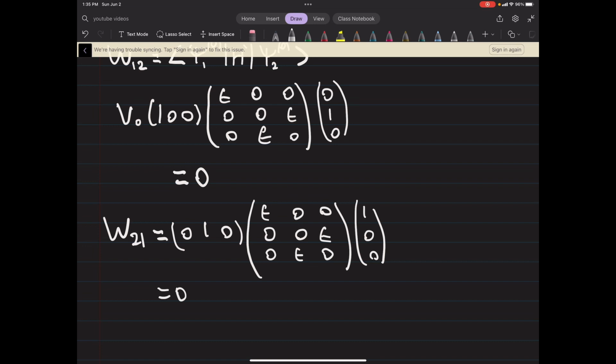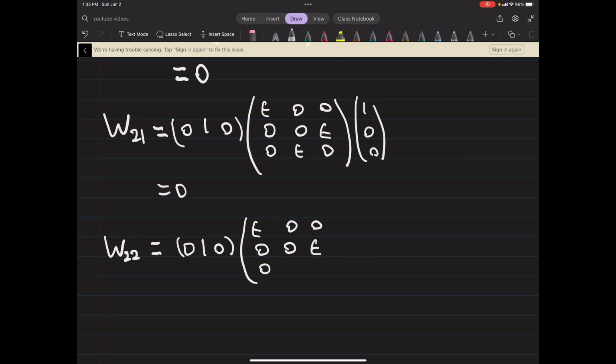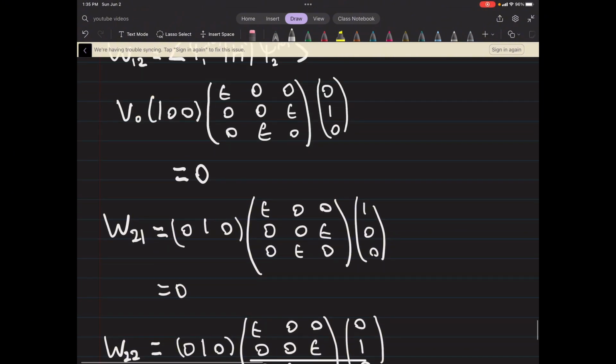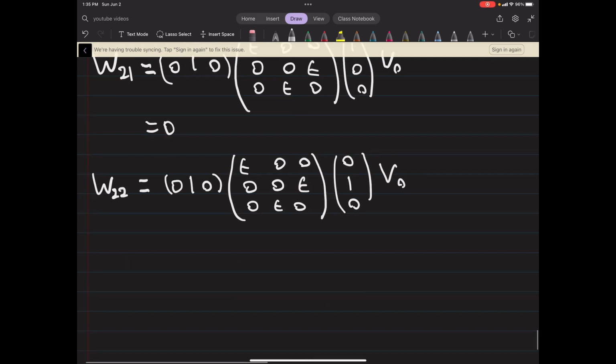I don't know if that's always true, but at least in this case it is. So one more entry and then we're done. And that's going to be 0. Should have had a V naught with it, but whatever. It doesn't matter, it's still 0.